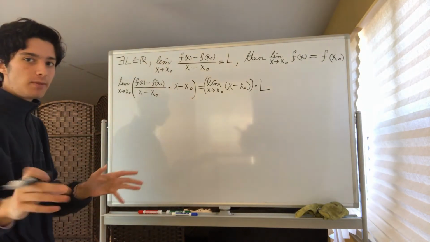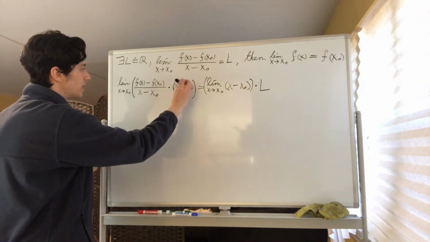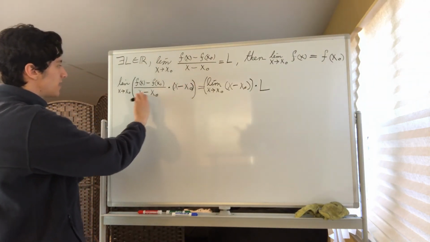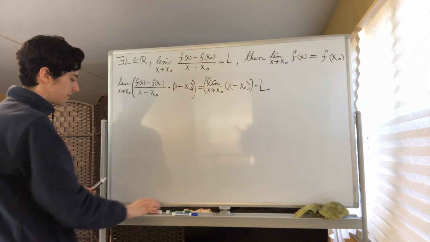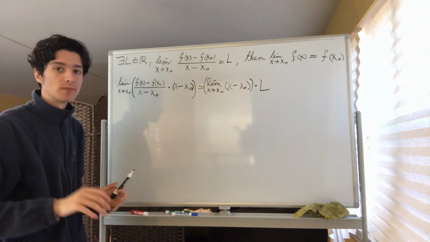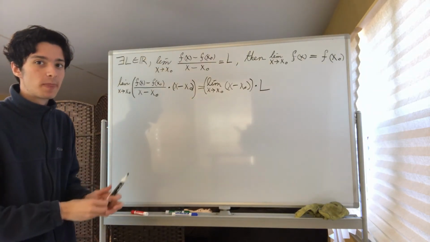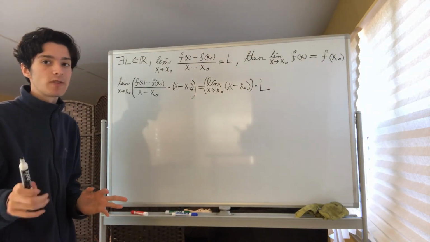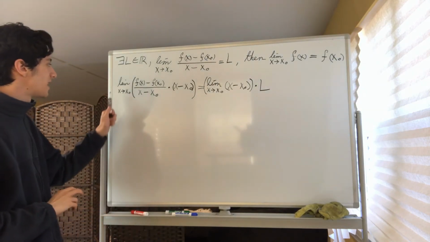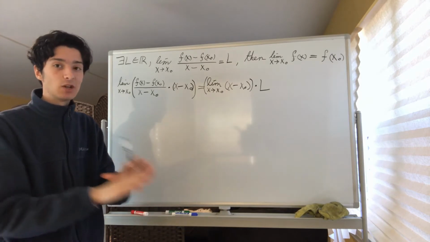Now, of course, you're probably noticing that, well, we have an x minus x naught multiplied here, and we have an x minus x naught in the denominator. So theoretically, right, could we cancel these terms out? Because, well, it's equal to 1. And we can. And the important thing to note is that x is approaching x naught, but x does not necessarily equal x naught.